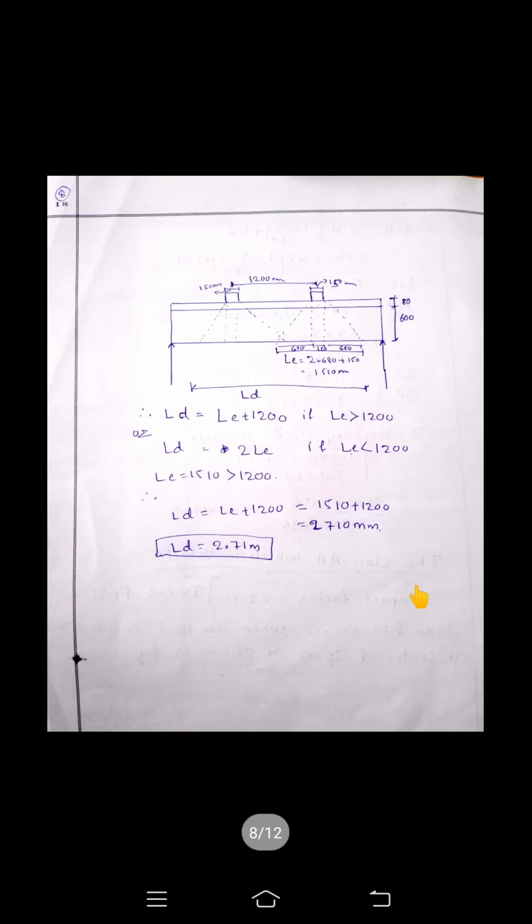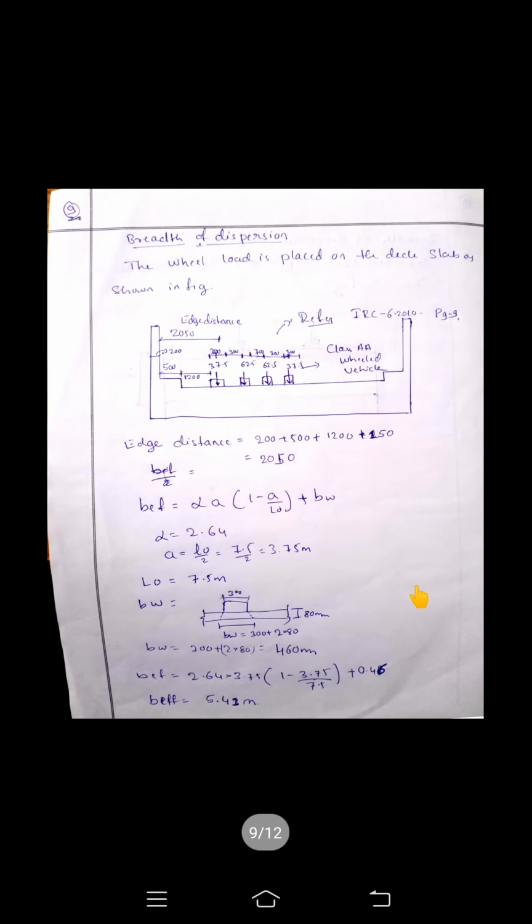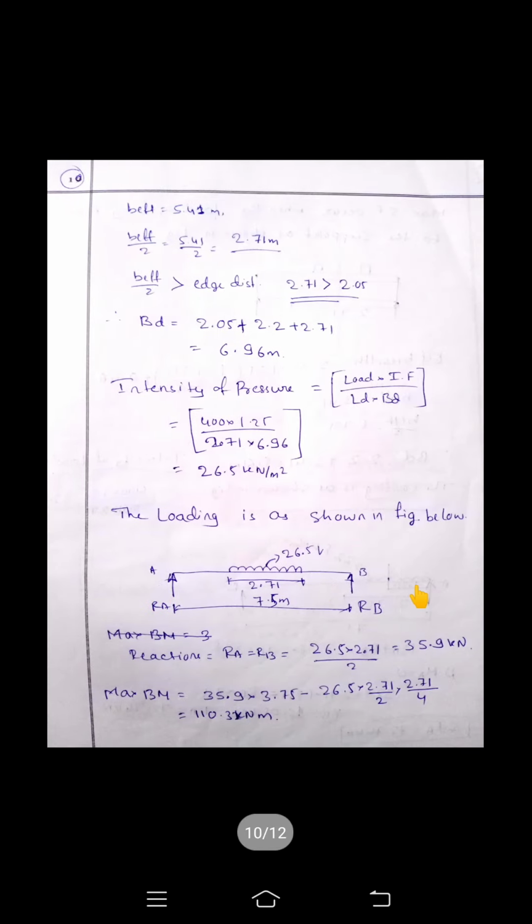Length of dispersion we have calculated previously, LD. This is BEF. Based on this we will calculate the PD. Now this is b effective, and there is a condition: b effective by 2. How much is it? 5.41 divided by 2 is equal to 2.71.